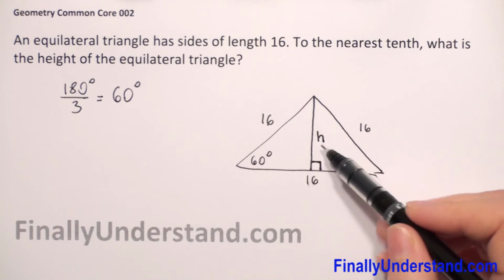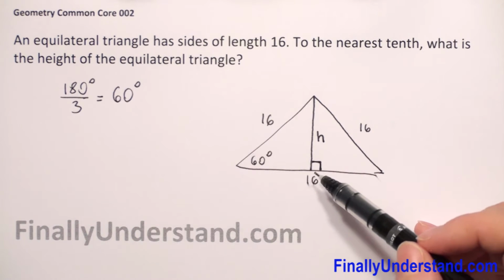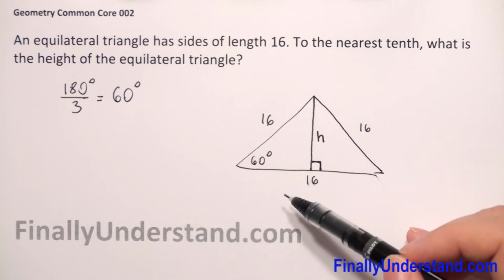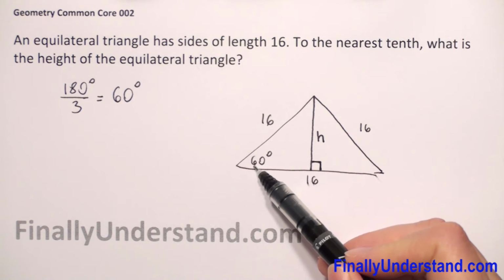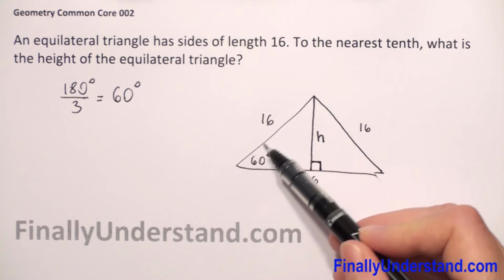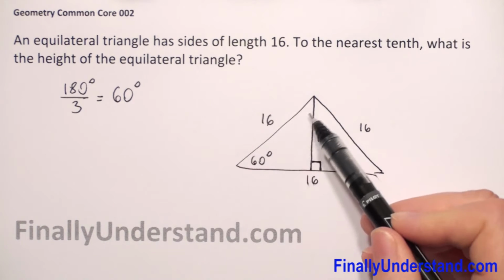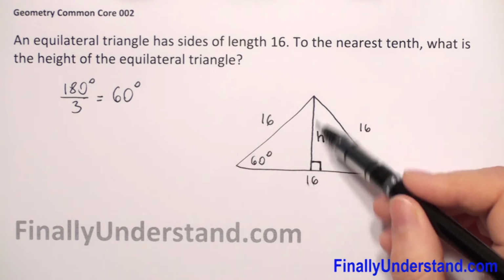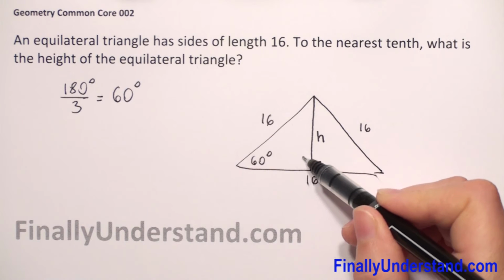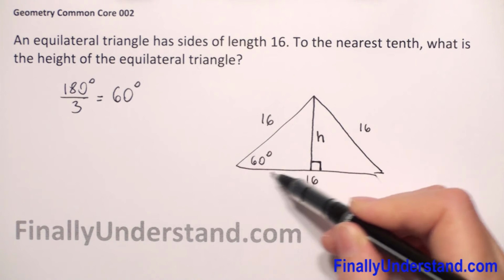To find the height, we will use the trigonometric function, the sine function. Because we have a given angle and a given hypotenuse, we can find the height of our triangle, and we have a right angle between the height and the base.